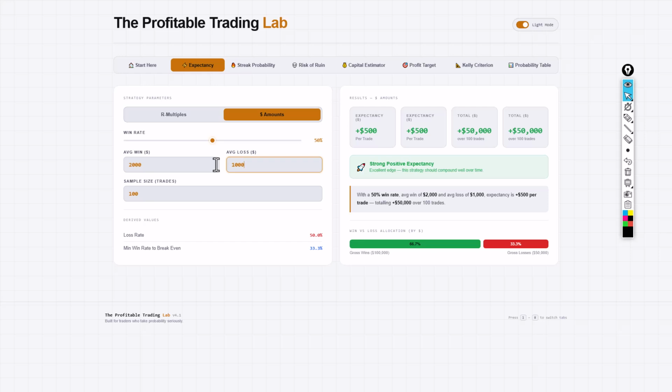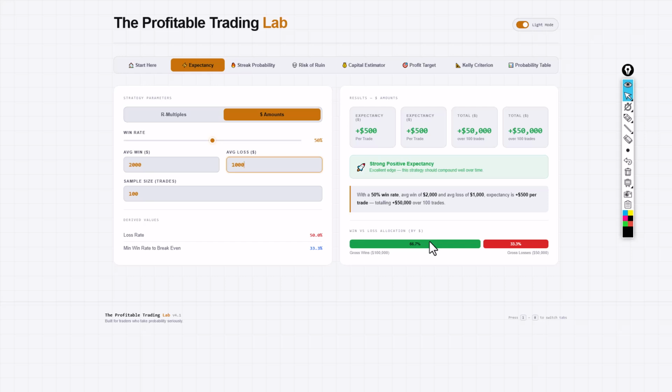Now when you look at the numbers, our average win is $2,000, while our average loss is 1%, because the trading strategy has a fixed risk to reward ratio where whenever you take a trade, you are risking 1% of your account starting balance, which in this example is a $100,000 account, to make 2 times what you're risking. So you're aiming to make $2,000.